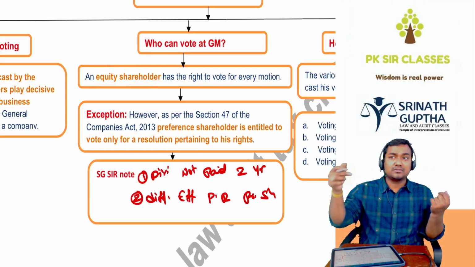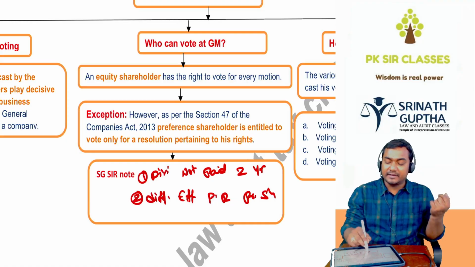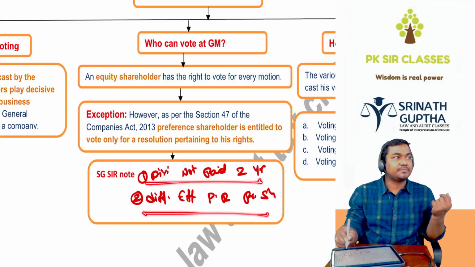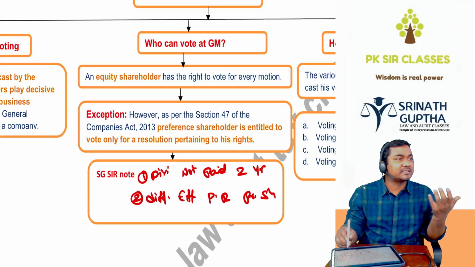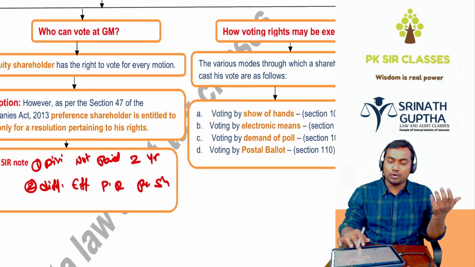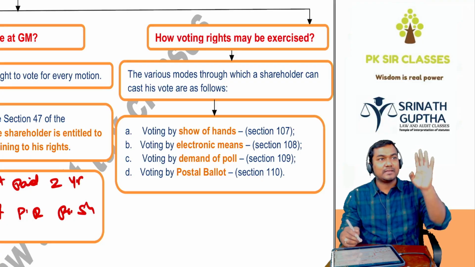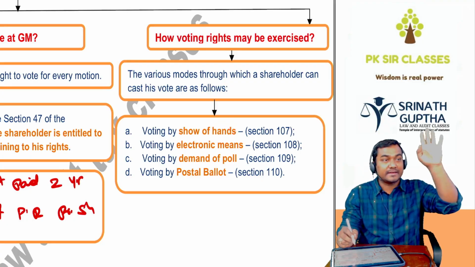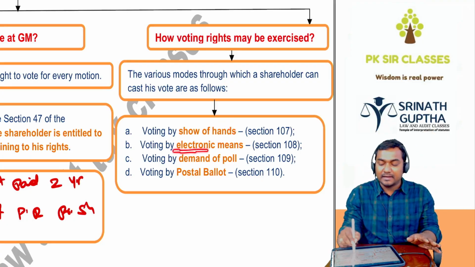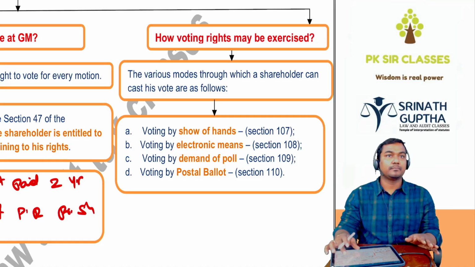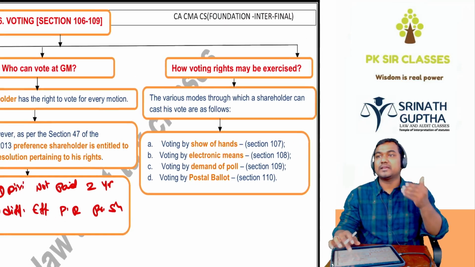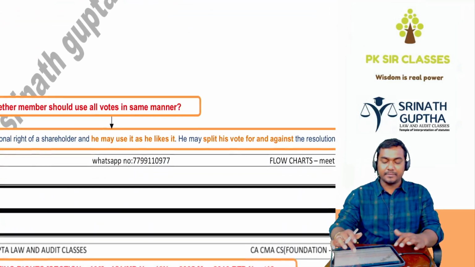Preference shareholders can also vote if dividend is not paid for 2 years or more, or if it directly affects their personal rights. A member can exercise voting rights in 4 ways: through show of hands, second is electronically, third is the poll, and last one is the postal ballot.